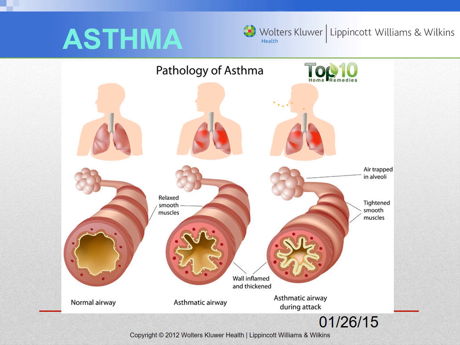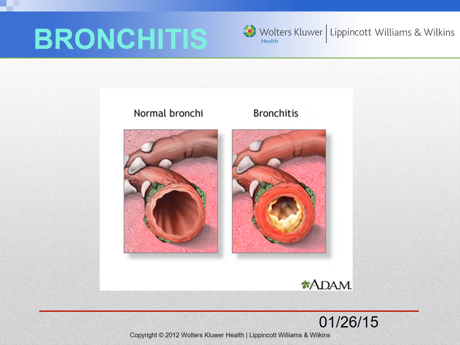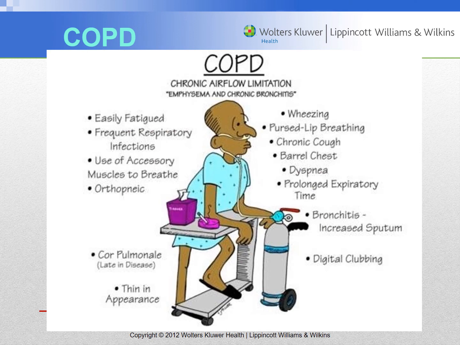You have inflammation in that airway that causes some of the constriction that asthmatics complain of. Then this is showing you what bronchitis looks like. You've got your normal bronchi, and then a bronchi with bronchitis. You can see that irritation and inflammation down into the bronchi, as well as excess mucus production.